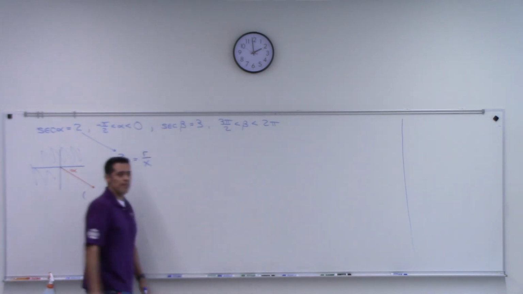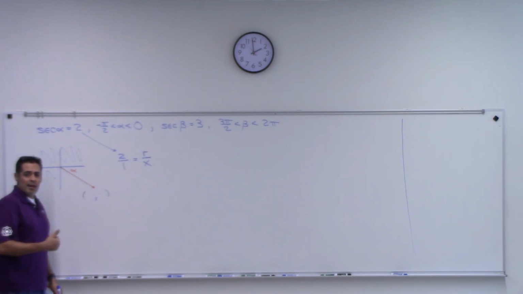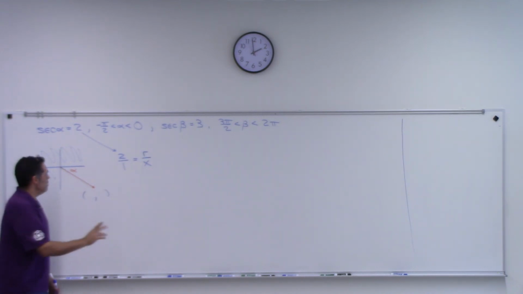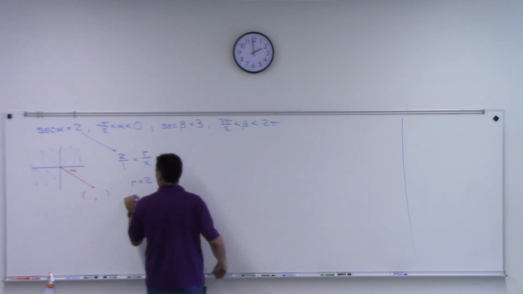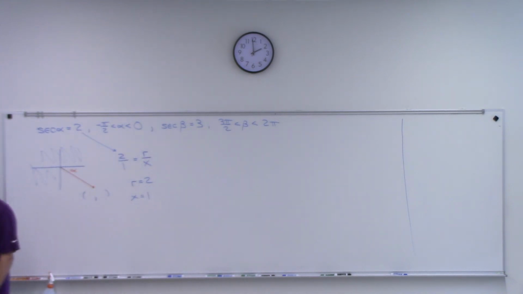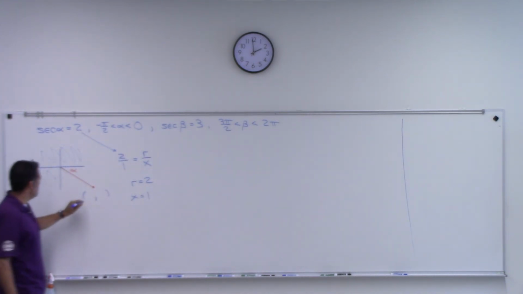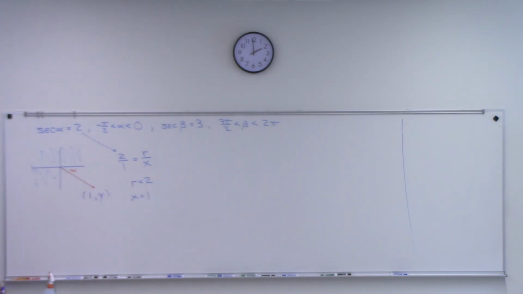Everyone buy that? Now you know what r is and you know what x is. Maybe, right? We need to make sure if we're about to say that r is 2, well, that's always positive. If we say x is 1, does that work in the quadrant we're in? Yes, x being 1 works. So that's here. Now we just need the y coordinate, which is going to be negative when we get it, because we're down in the 4th quadrant.